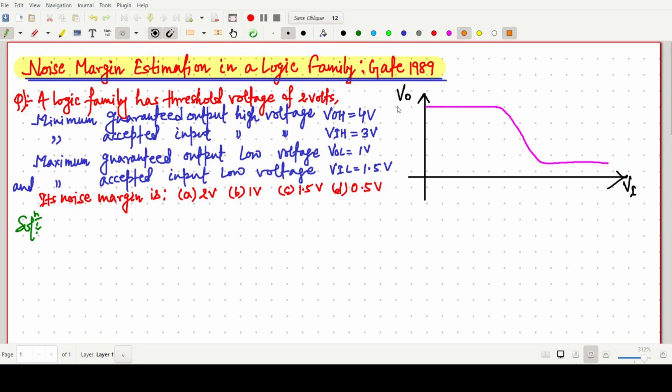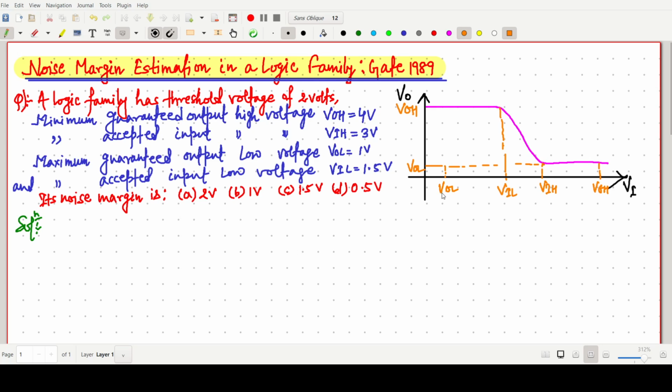Then we can say this point is our VOH, and this point we can say is our input low voltage VIL. And this point is our VIH, and this point is VOH or VDD, and the other point is VOL. If you know this one, then it is very easy.